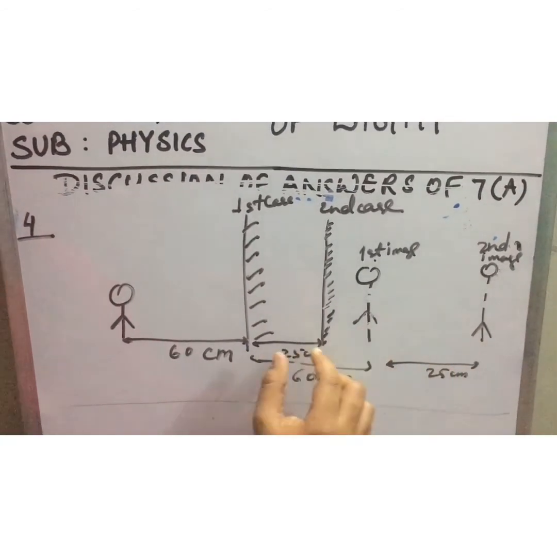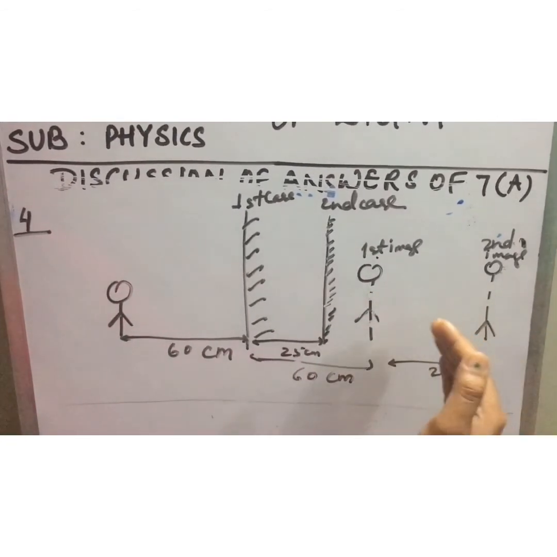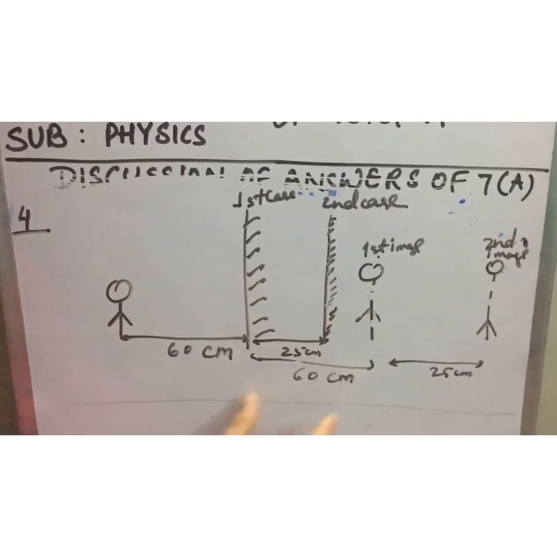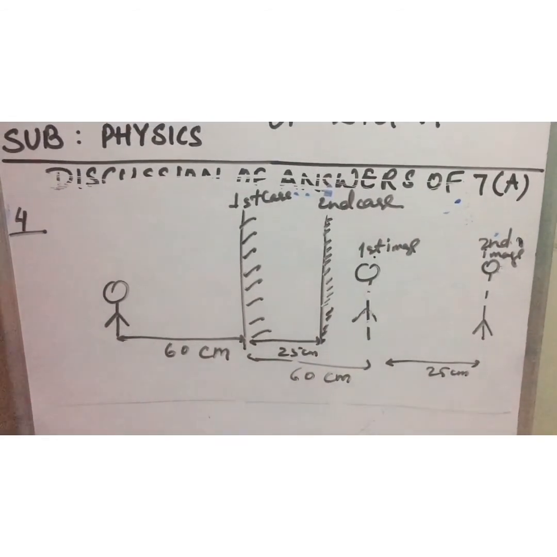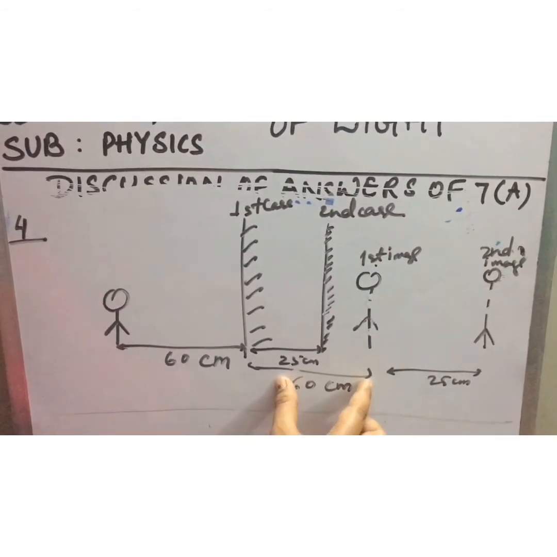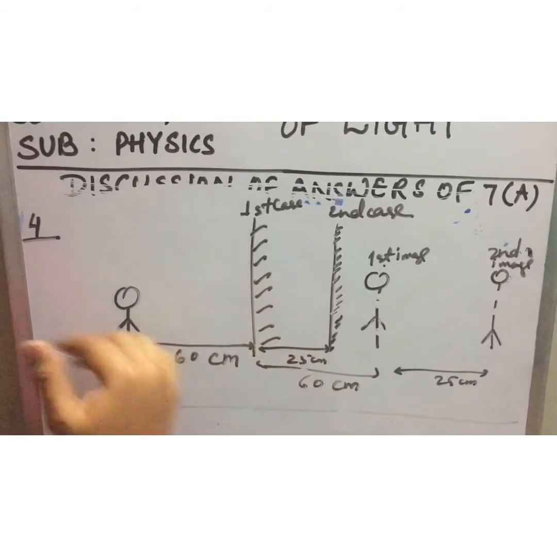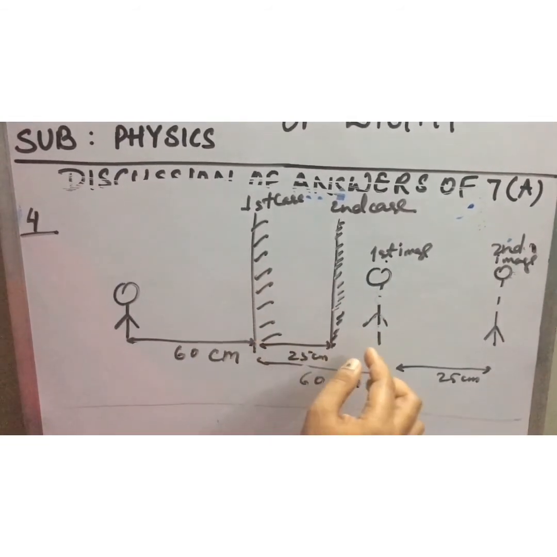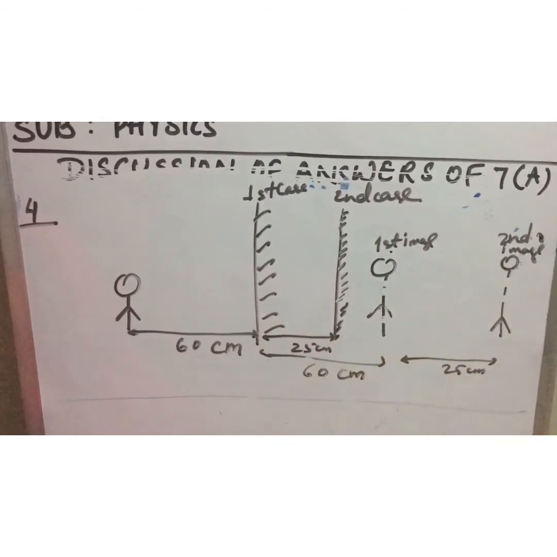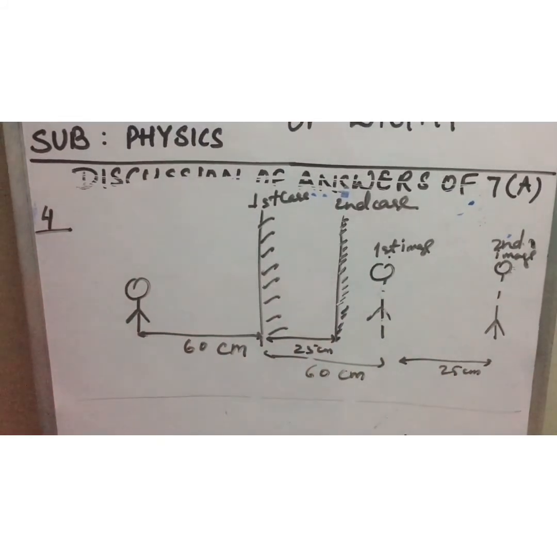So 25 plus 25, 50 centimeters. The question was, how does the image shift from its previous position? Since the mirror is moved 25 centimeters away, the image will also be formed 25 centimeters farther, so it is 50 centimeters away from its original position, students.